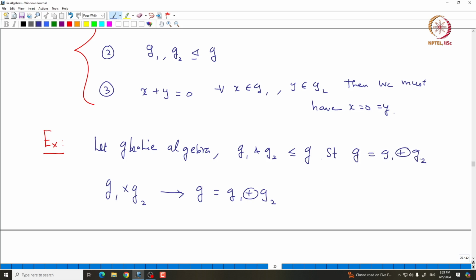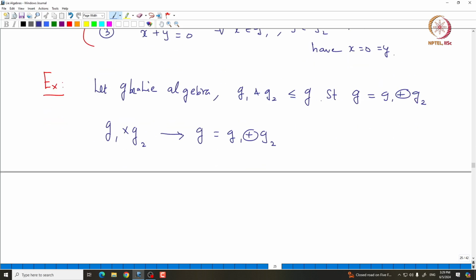Then you can easily see that the map (x, y) goes to x plus y defines an isomorphism from G1 cross G2 to G. This is something easy to verify, and I will leave it to you to verify.